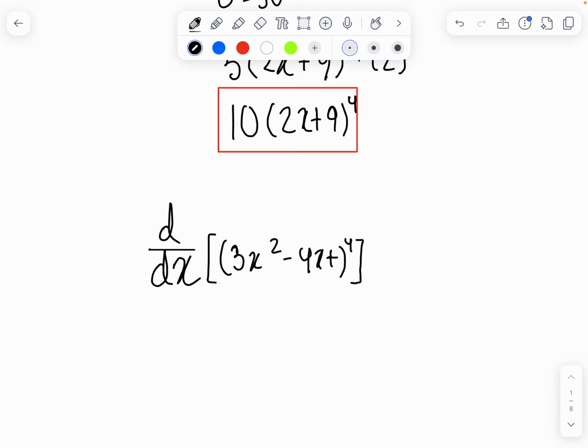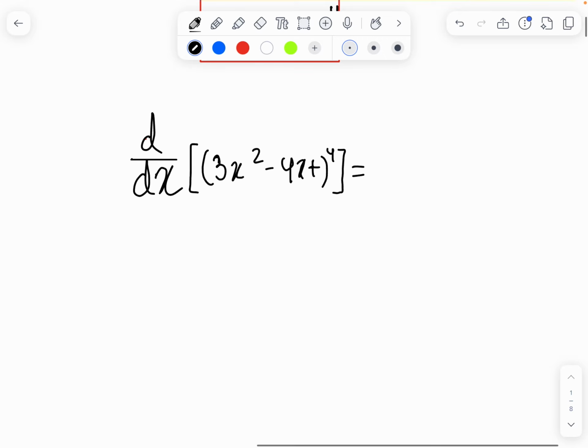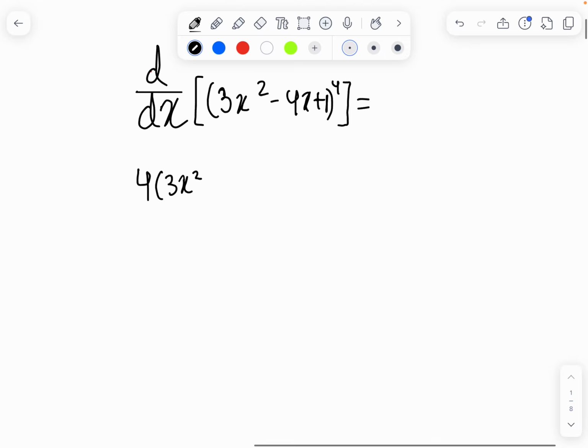So find the derivative of that. Okay, so step 1 is obviously differentiate the outside. So if we let u equal 3x squared minus 4x plus 1, the outside would equal 4 times 3x squared minus 4x plus 1 cubed.